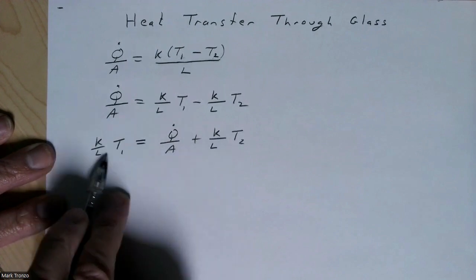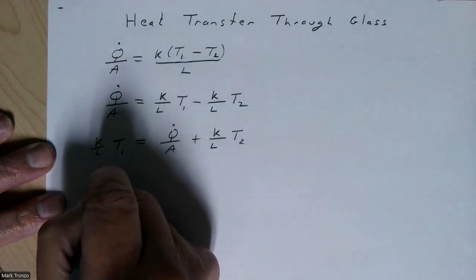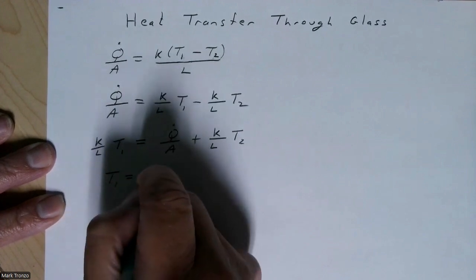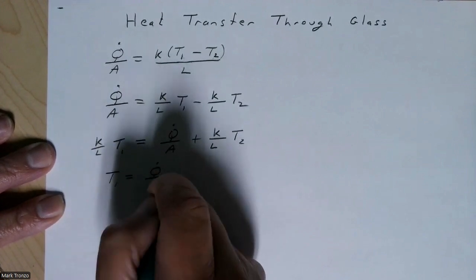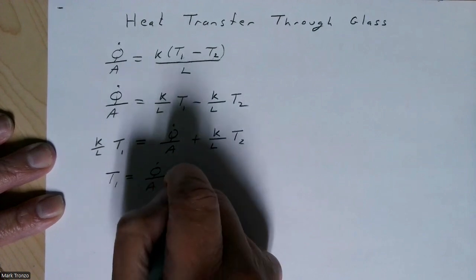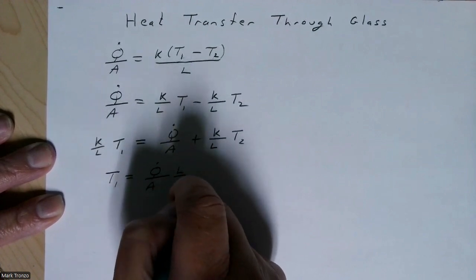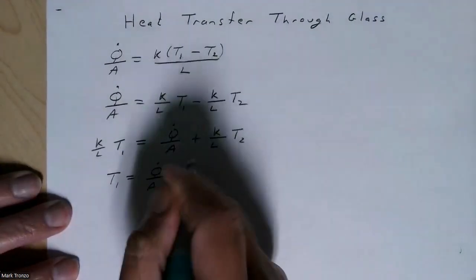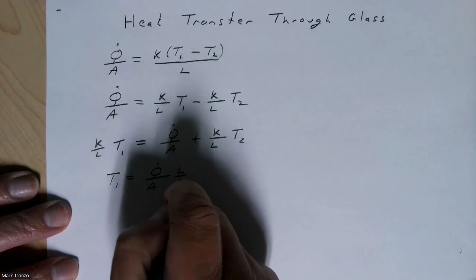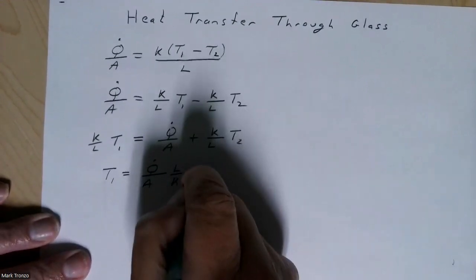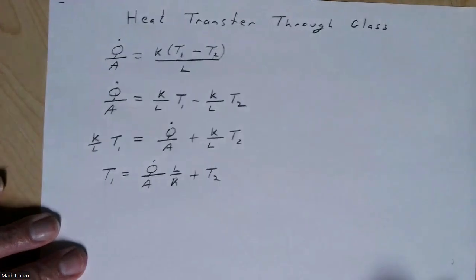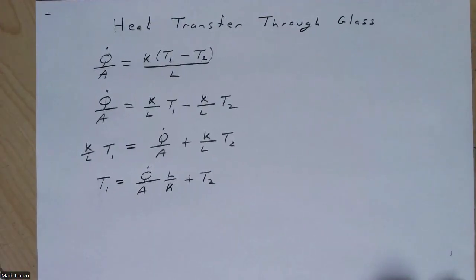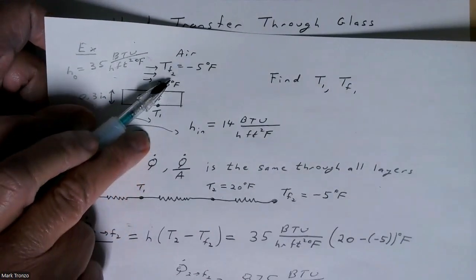When we do that, that'll cancel, and then we'll have a reciprocal here. That'd be L over K, plus T2. Now we can substitute our values, remembering that the heat transfer rate has to be the same all the way through.